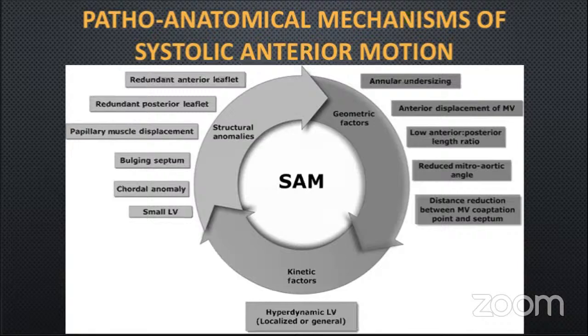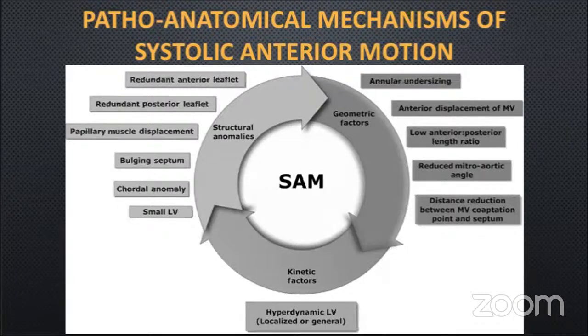Changes in any element of this functional unit can predispose to or precipitate systolic anterior motion. In this slide, I can divide the factors that can lead to SAM into geometric factors, kinetic factors, and structural anomalies.